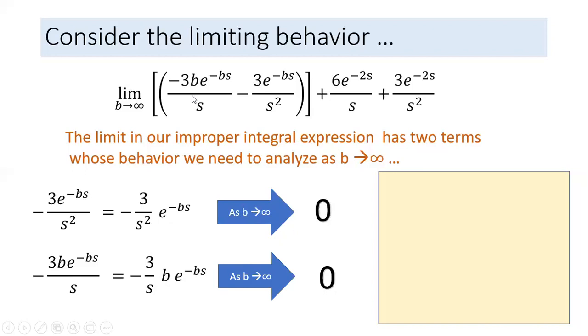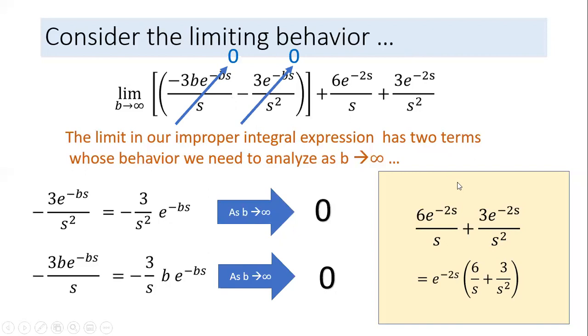So we've got two pieces up here that are both approaching 0 as b goes to infinity. And what that means is the only pieces that survive are these pieces that came from the evaluation at the lower limit. So here we find our result.